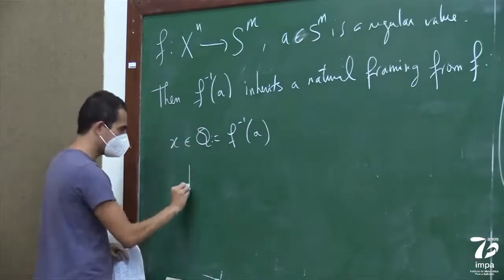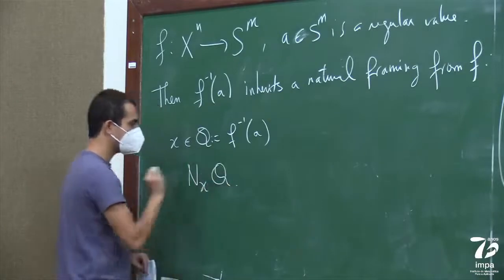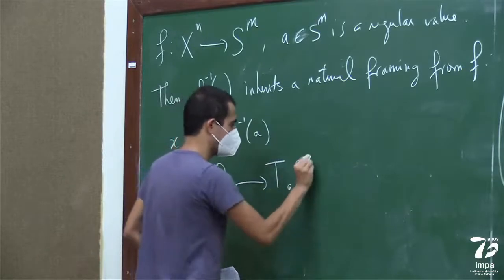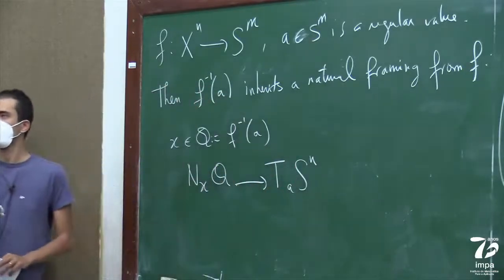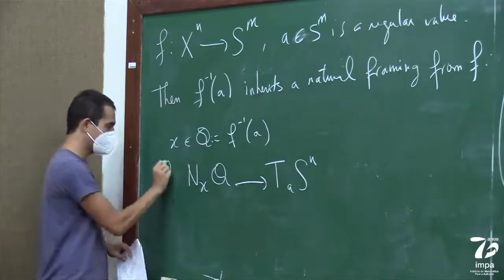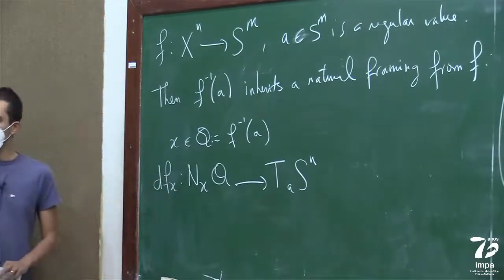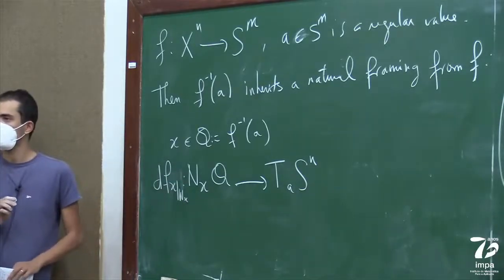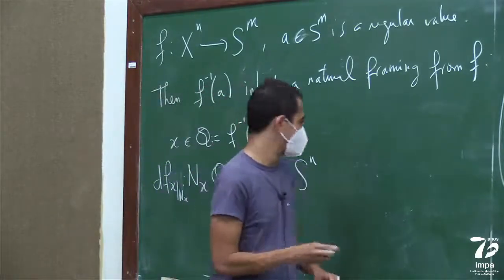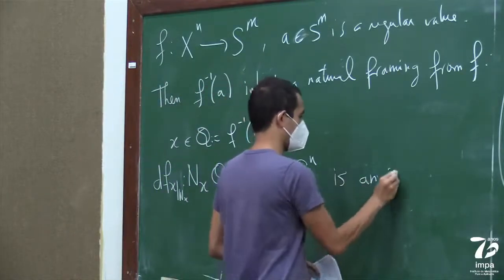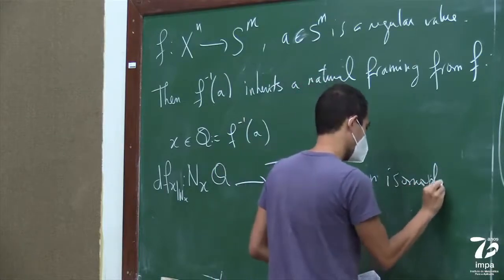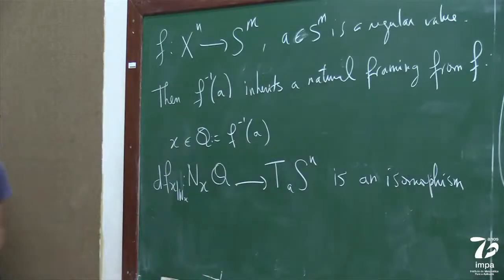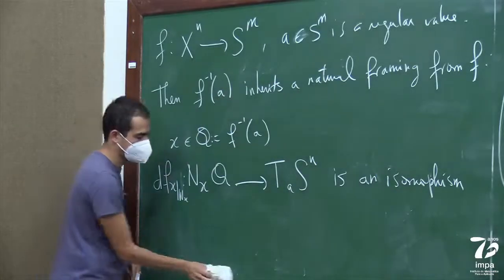What I want to say is that there is a natural identification of the normal space with the tangent space of S^m at A, and that's just given by the derivative of F. So the derivative of F, when I restrict to the normal bundle, is an isomorphism, because A is a regular value.